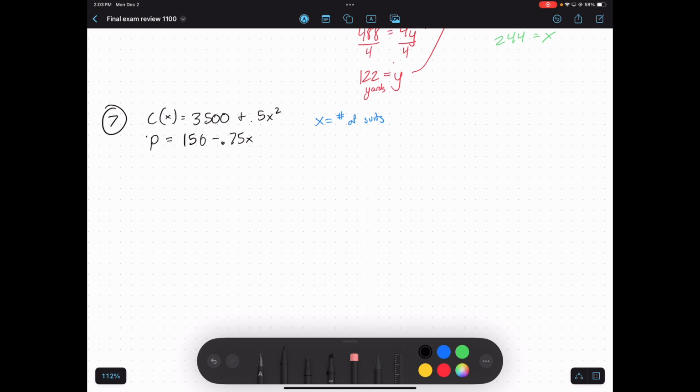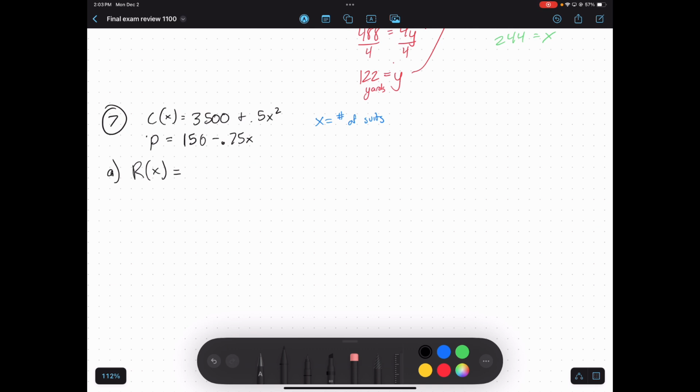Okay. So, part A. This one has multiple parts to it, and so this one's a great review of how all of this revenue, costs, profit, all that kind of stuff works. So part A is find your revenue equation. What's your revenue equation? Your price equation times x, because you have to do price times quantity.